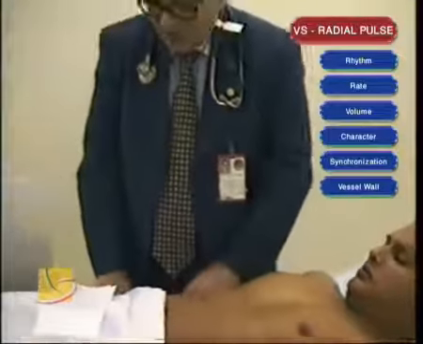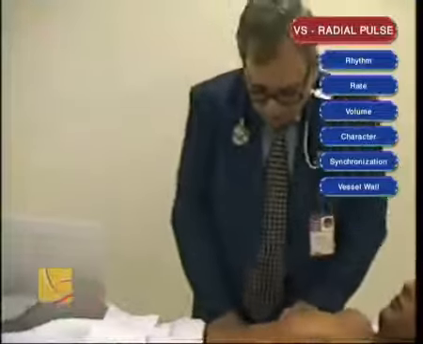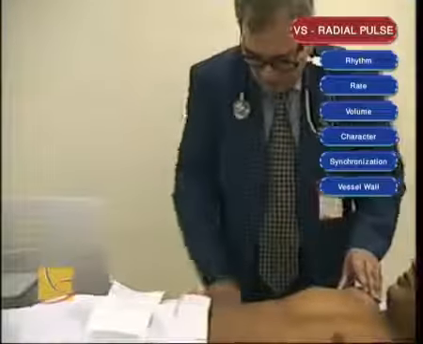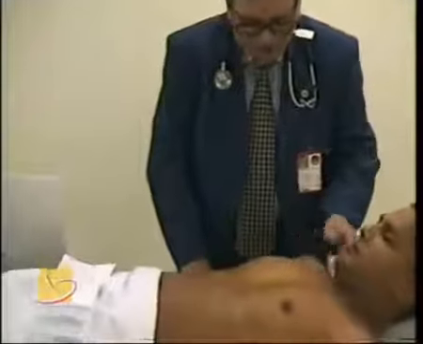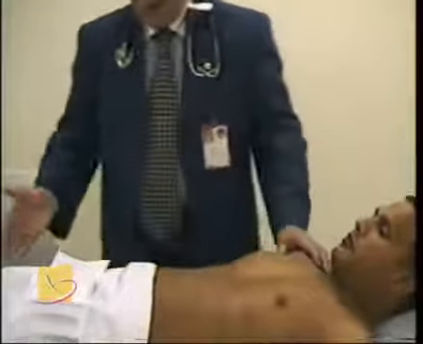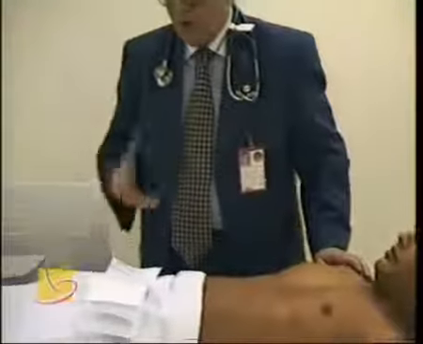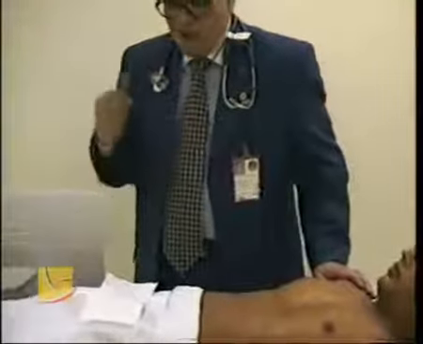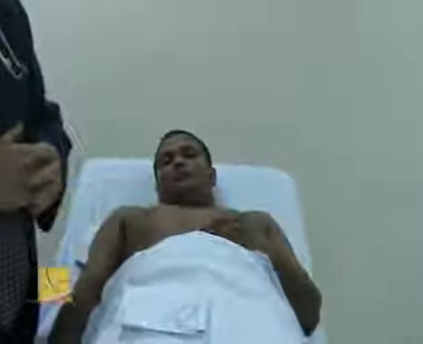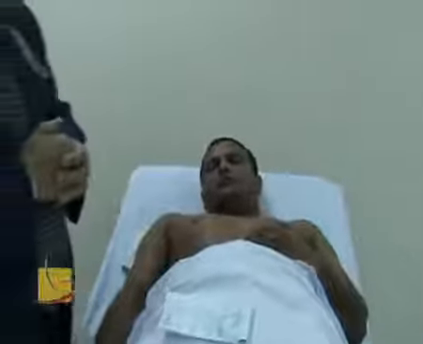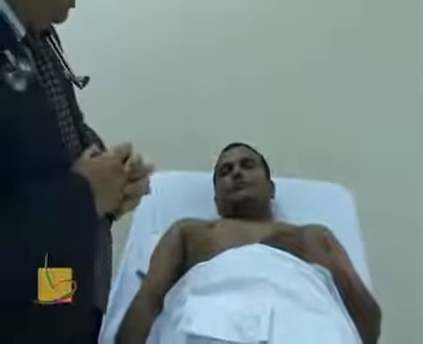So we start with the radial artery, then we evaluate the brachial, carotid and femoral arteries for their vessel walls, to evaluate for generalized atherosclerosis.